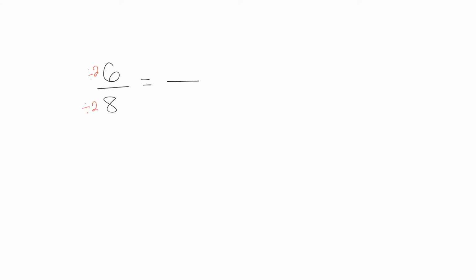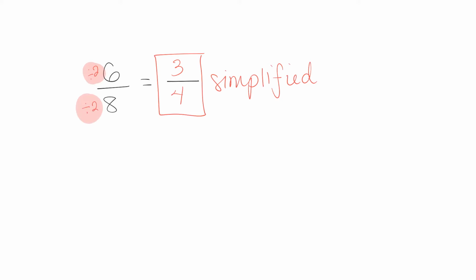And if you do that, you're going to get 3 and a 4. So 3/4. Is there another number that 3 and 4 both divide by, like these both divided by 2? No. So this is simplified, right? So over here, this 2 that we just used to divide both of these by, that's a factor, right? We can divide them both by the same factor.